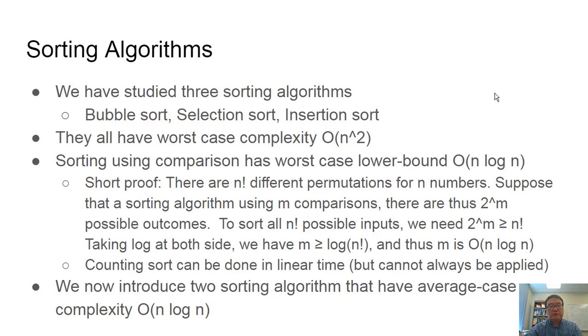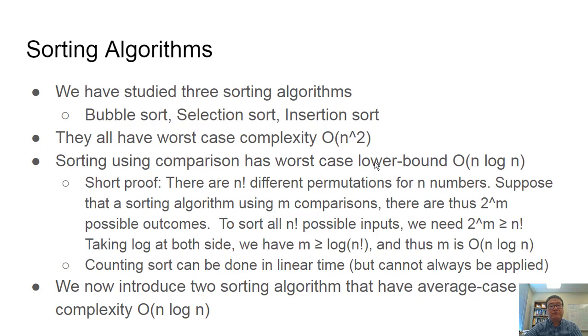In order to sort correctly, each of these n factorial permutations must belong to one of the 2 to the m possible outcomes. It is not possible to have two different permutations that fall into the same outcome and still sort them correctly, because we wouldn't know.